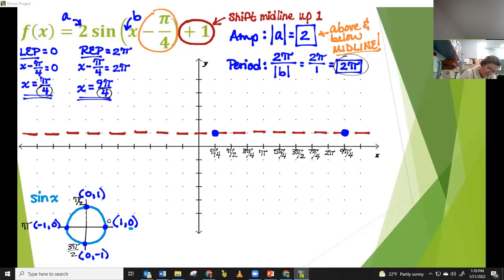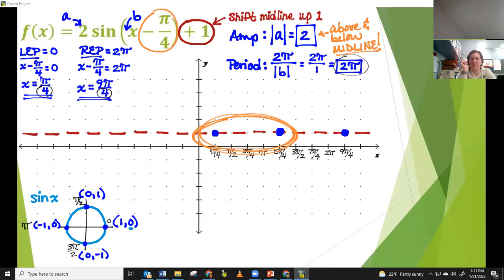Halfway in between these two, and that halfway point is right here, we're going to come back and touch the midline. What happens in between these 2 points? Am I going to go up and then back to the midline, or am I going to go down and then back to the midline? We're going to go up.